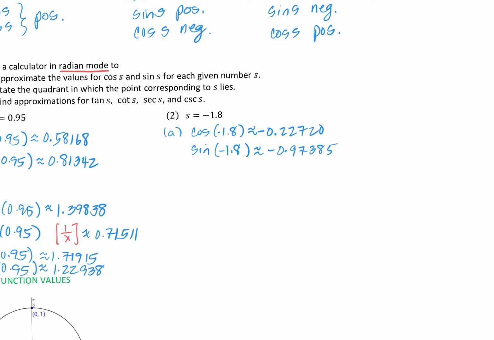If I put these values in my calculator and I get that cosine is negative and sine is negative, they're both negative in quadrant 3. Whoops, B, sorry. So I'm in quadrant 3, which I can find either by looking on the unit circle for an arc length of negative 1.8 or just noticing that both sine and cosine are negative, so I must be in quadrant 3.